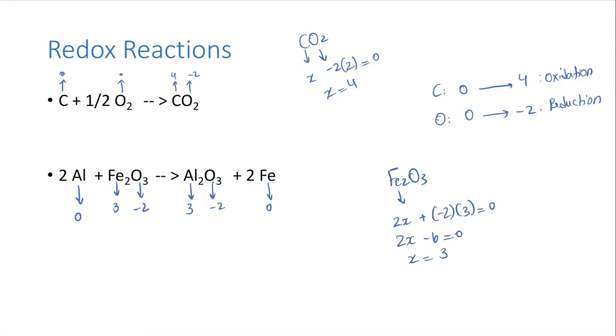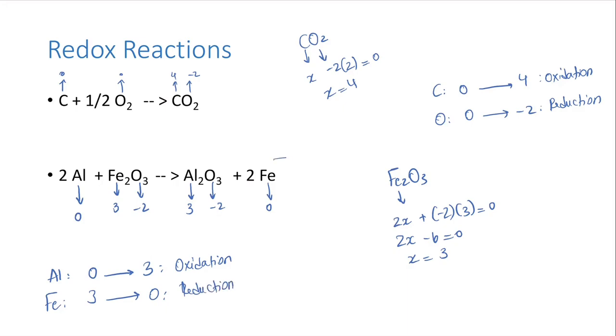Let's see. In Al it was 0, then it becomes 3. This means that the oxidation number increases. This means that it undergoes oxidation. In Fe it was 3, and then it becomes 0. This means that the oxidation number decreases. This means that the chemical species is undergoing reduction.